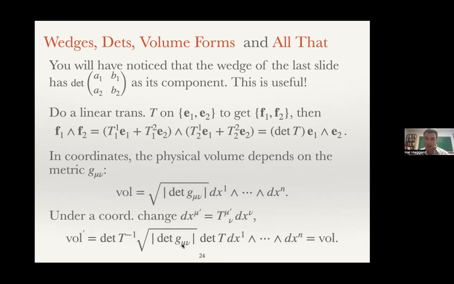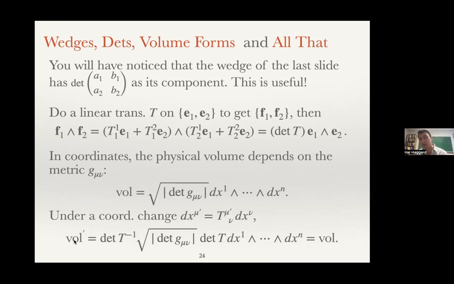It turns out, and this is another exercise for you to check, the square root of det g under such a transformation transforms as the inverse determinant. And in this calculation, we now see that the inverse determinant coming from the metric factor and the determinant coming from the wedge factor cancel each other.